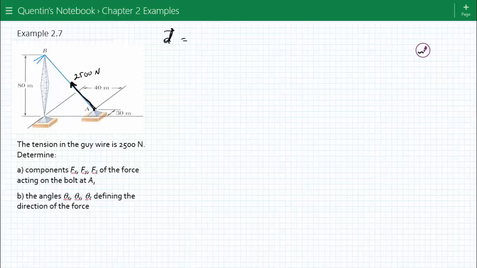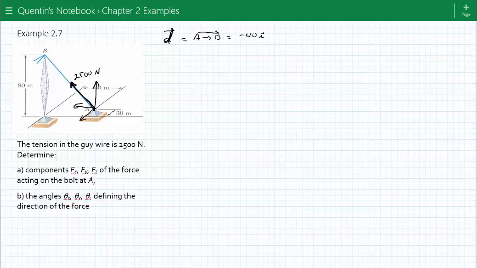Now, honestly, I don't find D overly helpful as a name. So what I want to call it is, I'm going to call that from A to B. And what is the vector from A to B? Well, it has an x, y, and z component, right? You have a y component, an x component, and a z component. So the x component does what? It's minus 40 in the i direction.